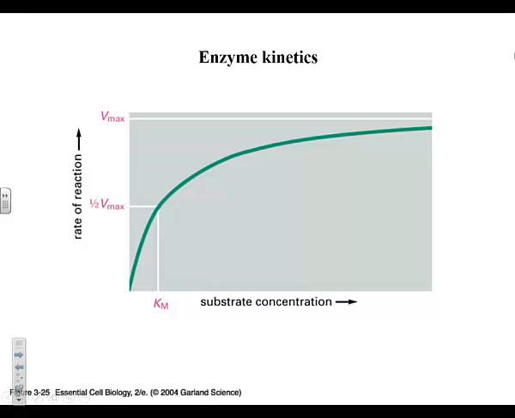And also a low Km. So you can see here it has both a high Vmax and a low Km. Enzyme 1 is a better enzyme at doing its catalysis than enzyme 2, which has a higher Km and a lower Vmax.